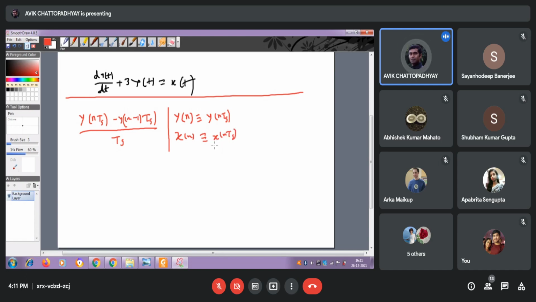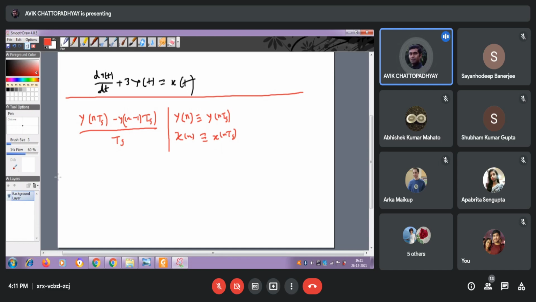So that means we have to basically convert that equation, obviously retaining its properties, meaning the causality, the first order nature, and the coefficients should be constant. All these properties should be retained. So we will basically convert the differential equation into an equivalent difference equation when we replace these factors by these terms.